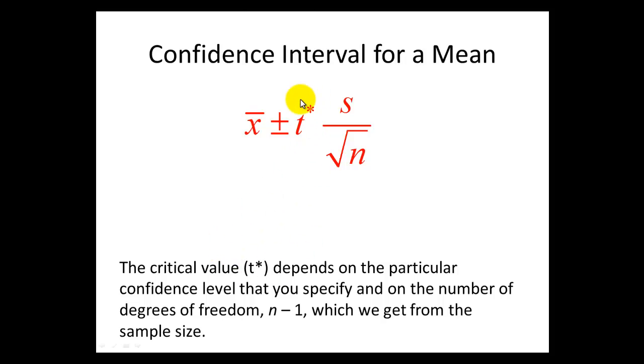Now our critical value t star will be from the t distribution, and it's going to depend on a particular confidence level and also on the number of degrees of freedom. Now we can get our degrees of freedom by taking 1 away from n, or we like to say n minus 1. What does little n stand for? Sample size, that's right. So it's 1 less than our sample size.